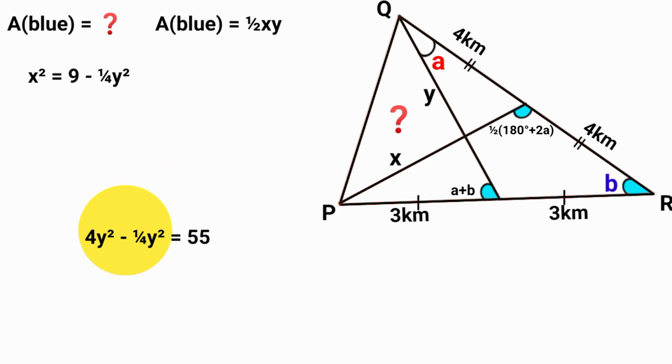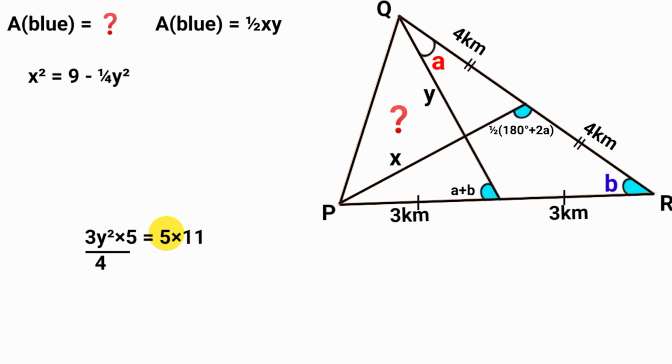4y squared minus 1 over 4y squared simplifying into a single fraction is 4y squared times 4 minus y squared all over 4. 4y squared times 4 is 16y squared. 16y squared minus y squared is 15y squared. So 15y squared all over 4 equal to 55. 15y squared is the same as 3y squared times 5. And this 55 is the same as 5 times 11.